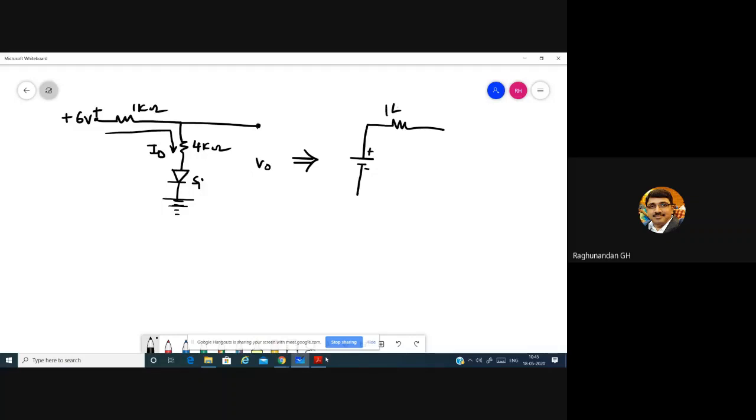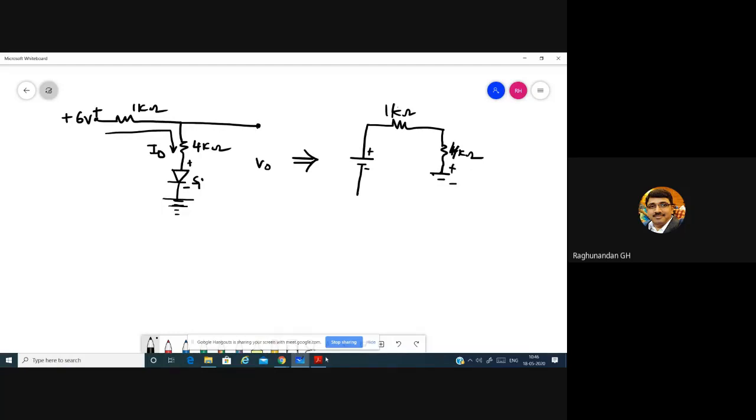This is 1 kilo ohm, and the diode. As we are using the approximate model, we will use a battery. Again, you know that this is the anode part, positive, and this is the cathode part, negative.